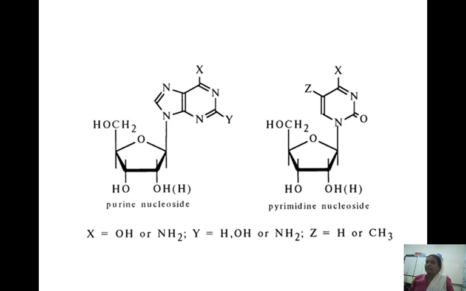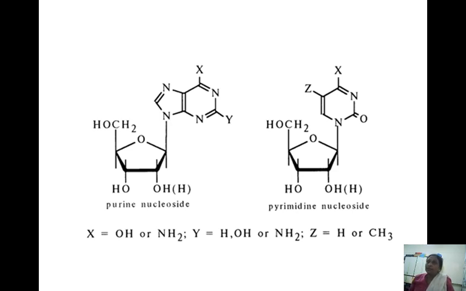Suppose the pentose sugar is attached to a purine, the linkage so formed we call a beta N glycosidic bond. That bond joins N9 of the purine ring to the C1 of the sugar if it is a purine nucleoside. And if it is a pyrimidine nucleoside, the beta N glycosidic bond joins N1 of the pyrimidine to the C1 of the pentose sugar.